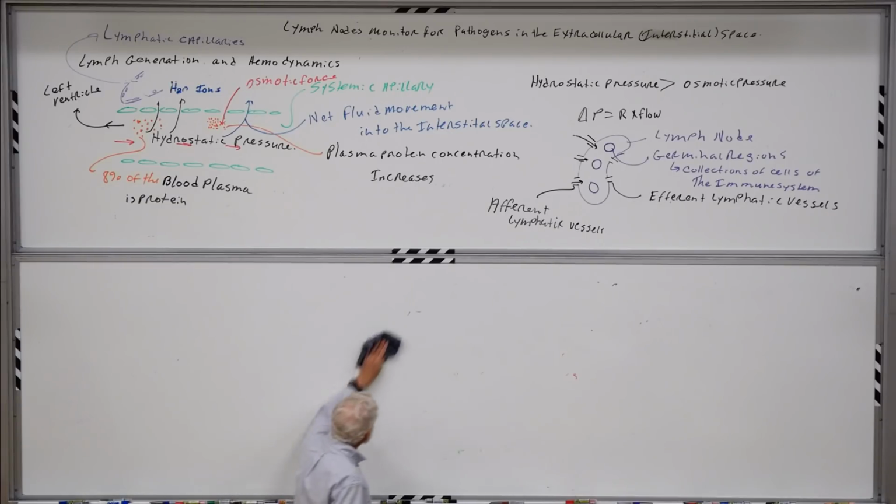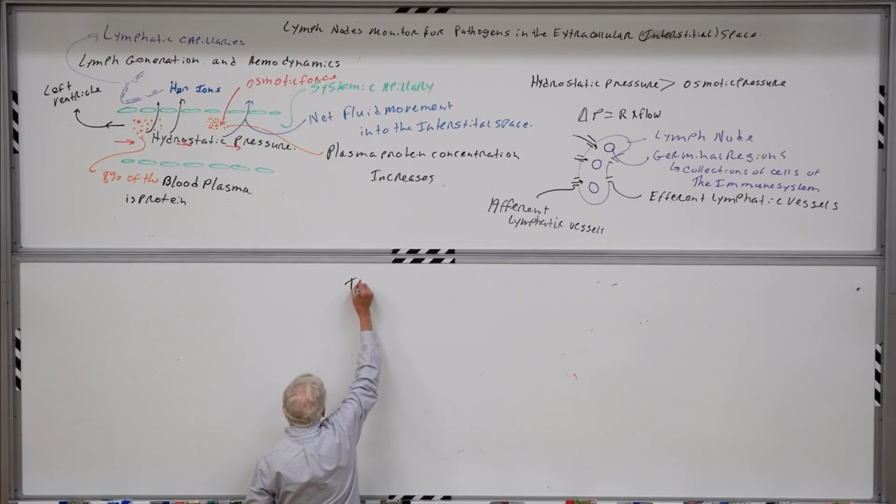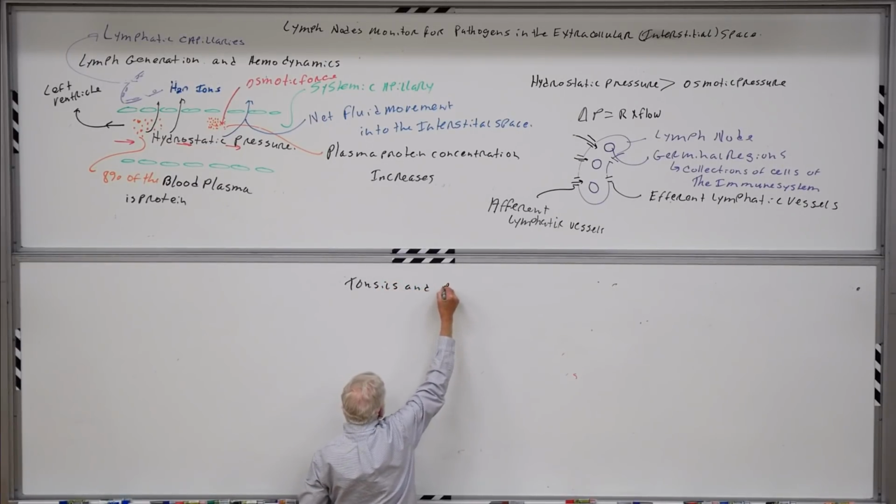So we'll take this panel and label it as tonsils and Peyer's patches.